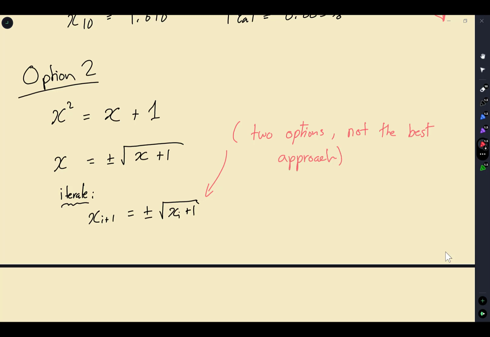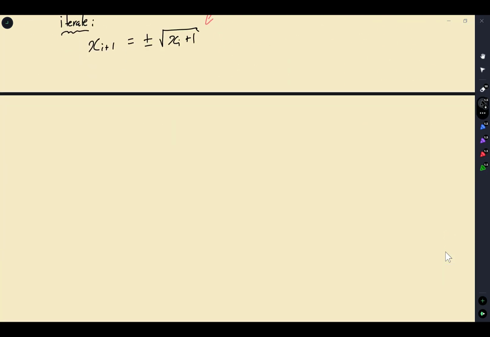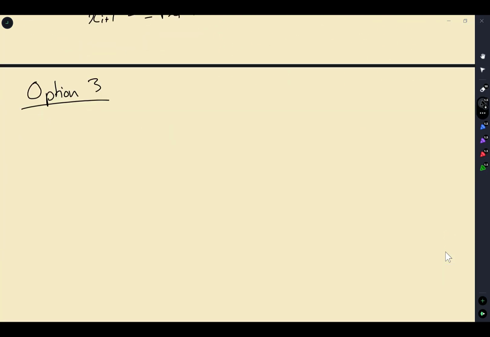All right, so let's look at another option, option 3. We have x squared equals x plus 1, and we rearrange it so that we have x squared minus x equals 1. Then we factor out an x, so we have x times x minus 1 equals 1.